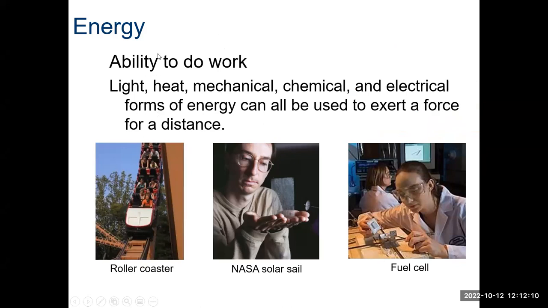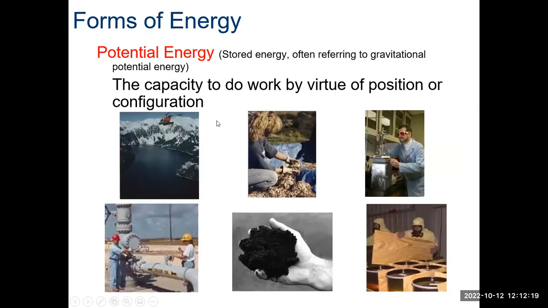So we use, again, light, heat, mechanical, chemical, and electrical forms of energy to exert a force through a distance. And then we have forms of energy. We have several examples. We have gravitational potential energy: lifting an object away from the Earth's surface gives the object gravitational potential energy.